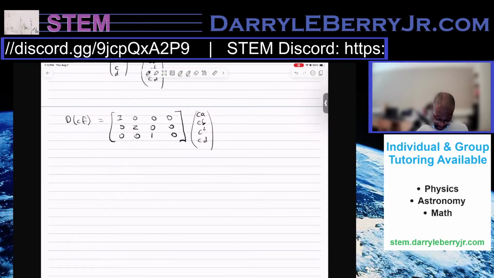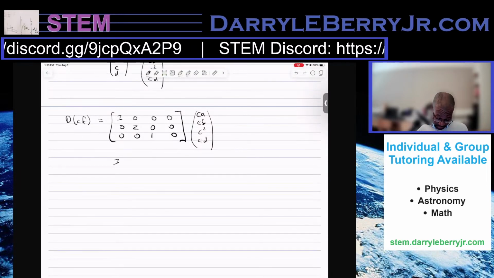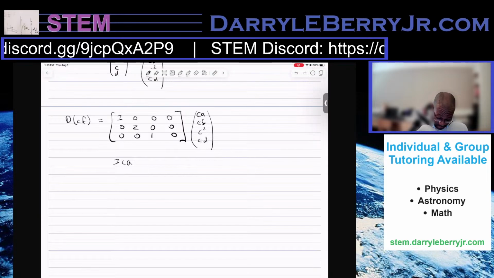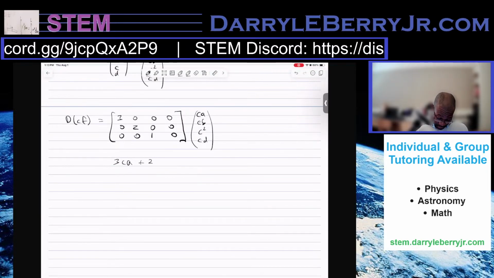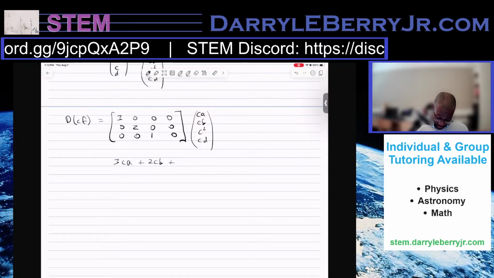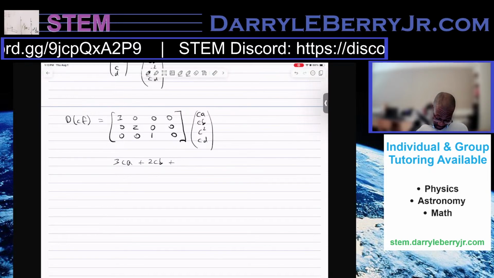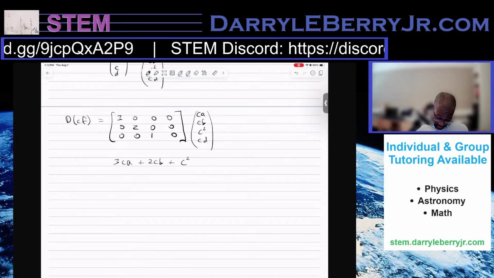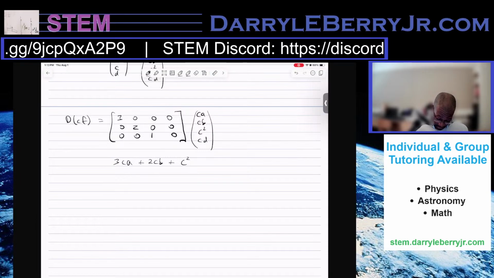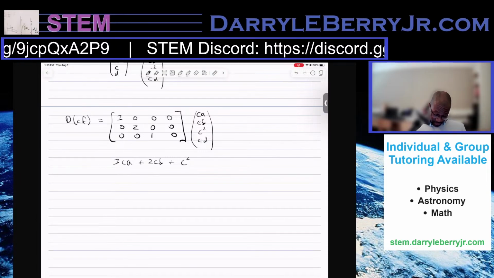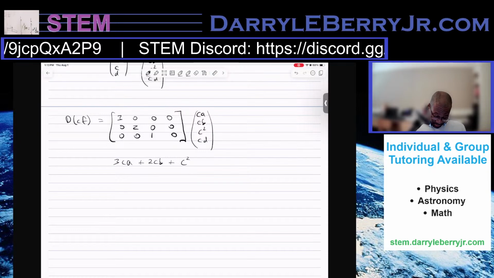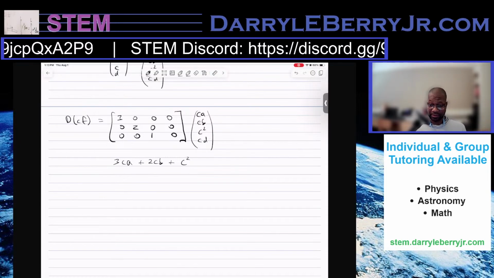So this would be 3CA plus 2CB plus C squared, right? And the last one just ends up being 0. It doesn't have any vector on it.